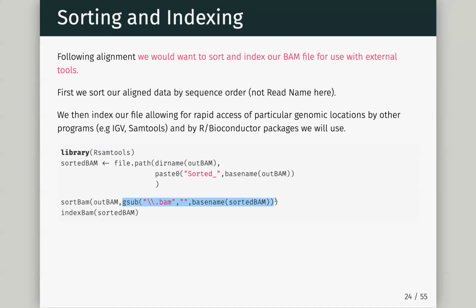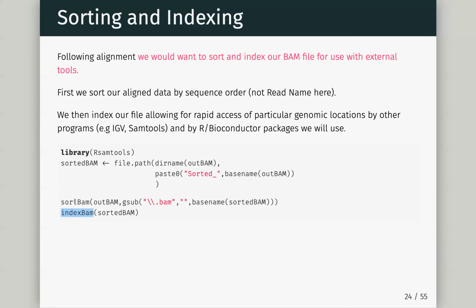Then we'll give it what we want to create. I'm doing this gsub because I'm removing the .bam extension. If you remember, when you run sortBam, the file you're outputting should be the prefix. It should never end in .bam, otherwise it's going to create a file called sorted.bam.bam.